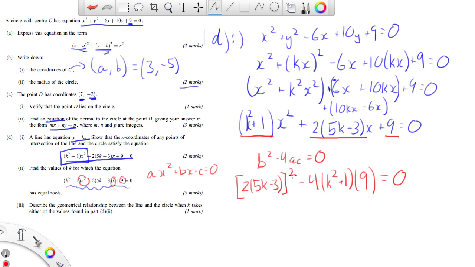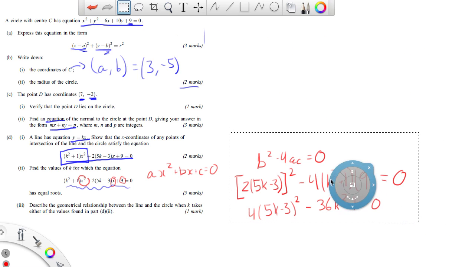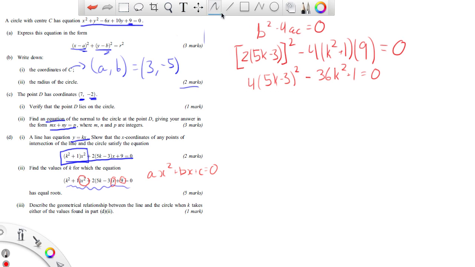So when I distribute this in, I'm just going to have 2 squared, which is 4. So 4, 5k minus 3, and that's going to be squared now, minus 36 times k squared plus 1 will be equal to 0. Yeah, I guess I'll have to distribute this around and actually work this out a little bit more algebraically. So what I'll do is I will delete this, and we'll move this up just so we have some more space to work with here.